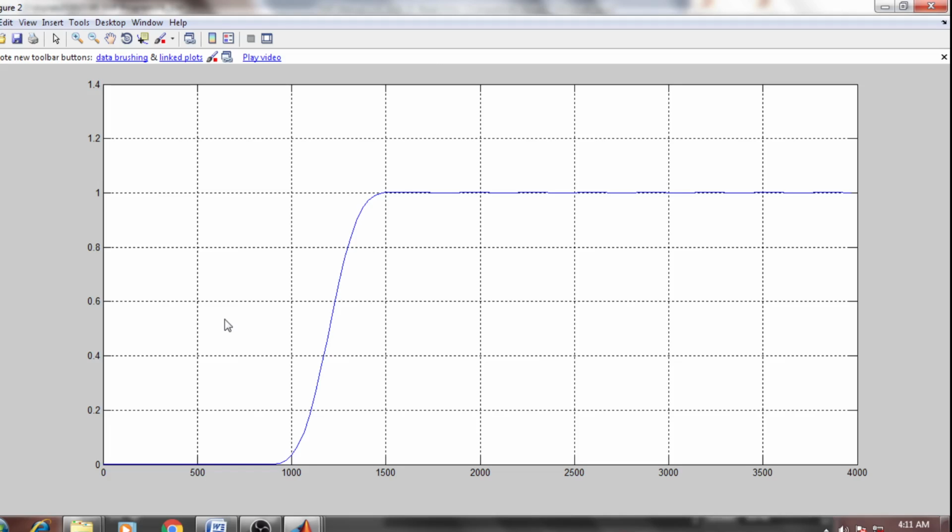The right hand side section is showing you the signal is passed, and the left hand side, below 1200 hertz, shows the stop band. So it is clearly shown as a high pass filter.